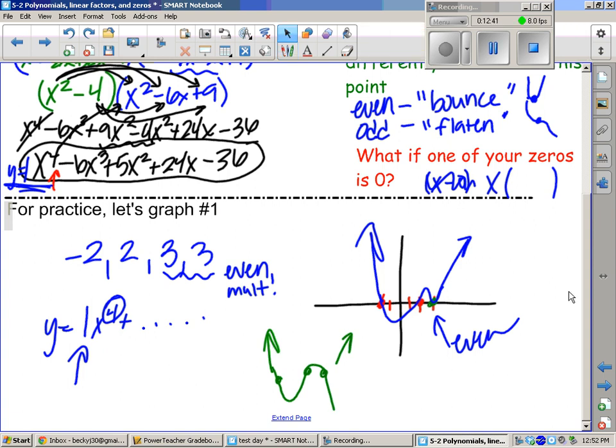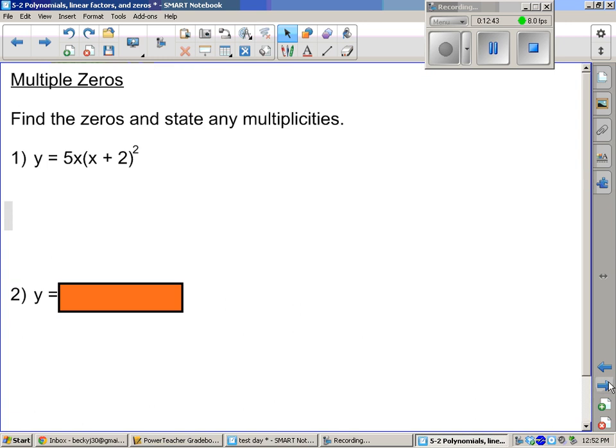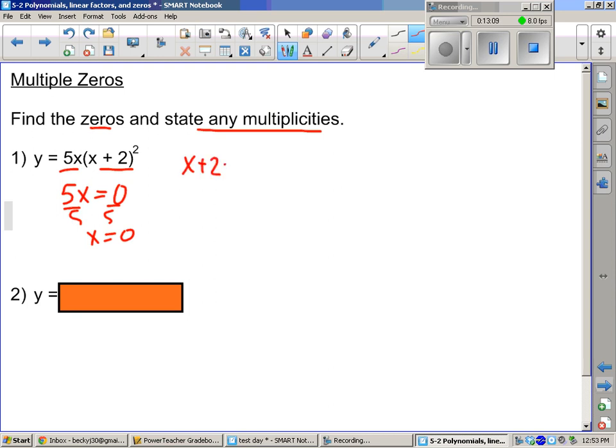Very cool. All right, last topic. All right, multiple zeros. Here we're going to just find the zeros and state any multiplicities. We're not going to graph these. So finding the zeros, we set each part equal to 0. And they already have it factored for us. Isn't that nice? So 5x equals 0, divide by 5, so I get x equals 0. So a 0 is 0? Right, our graph is going to go through 0. Then I have x plus 2 equal to 0, x equals -2.